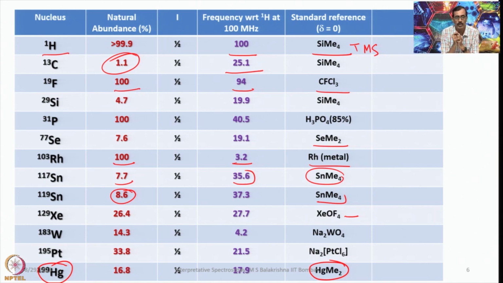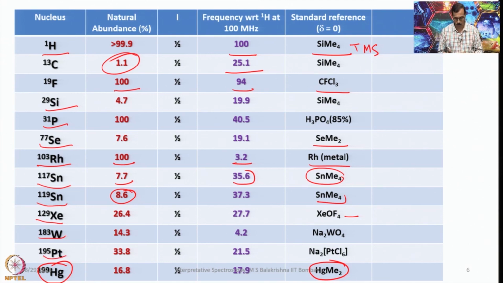The frequency corresponding to 100 megahertz in proton is 94 for 19F, and similarly you can see here for 29 silicon, 31 phosphorus, 77 selenium, 103 rhodium, 117 tin as well as 119 tin, 129 xenon, 183 tungsten, 195 platinum, and 199 mercury.